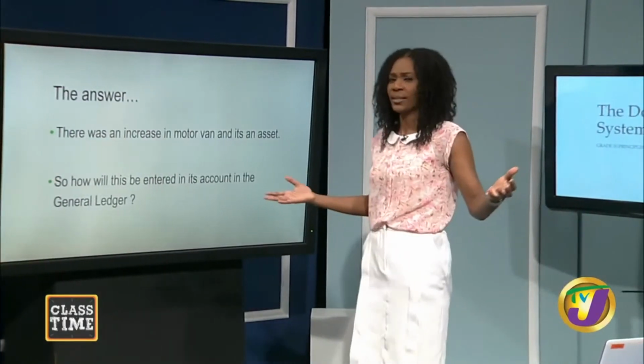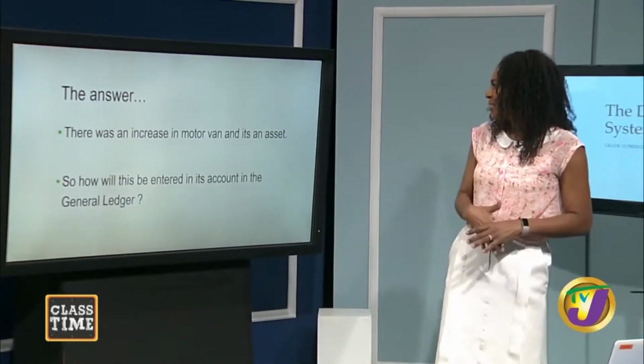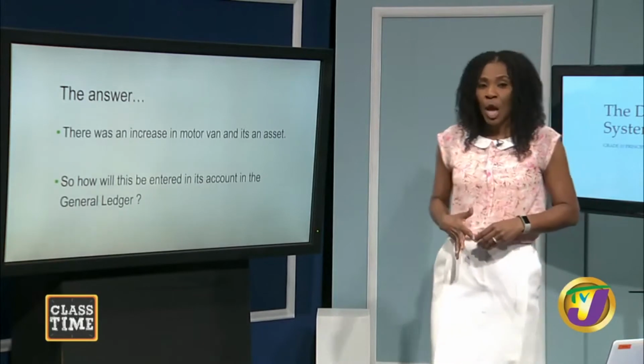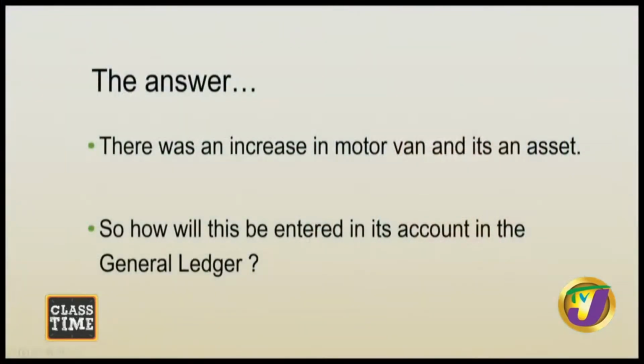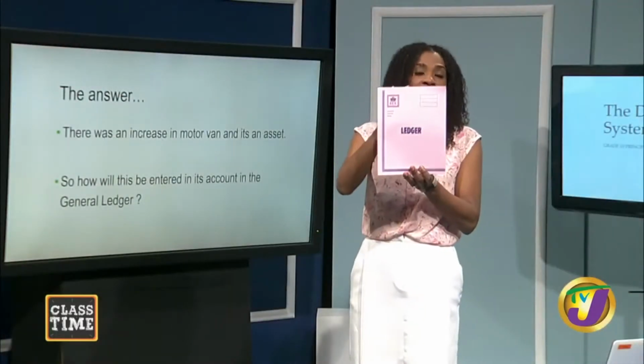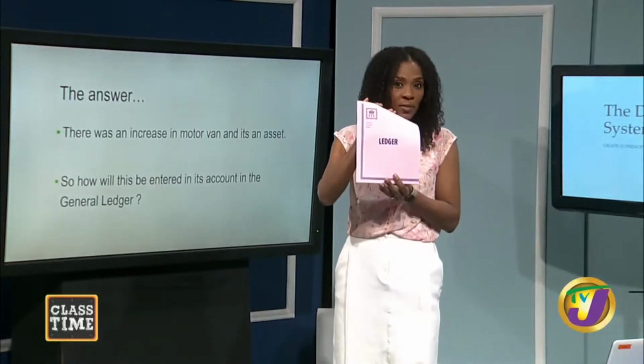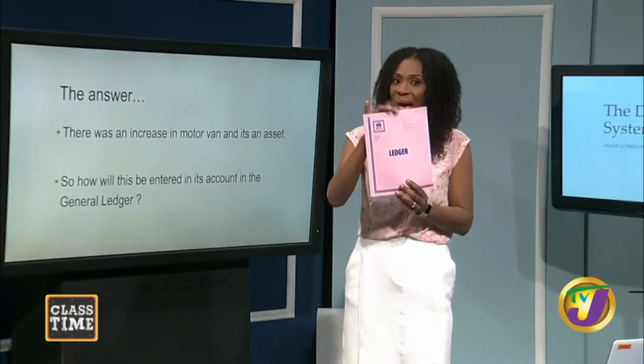The big question is, how will this be entered in the account, in the ledger? Now, students, in the ledger, we normally find accounts. In class, your teacher would introduce you to this paper, not soft copy now, but paperback ledger.